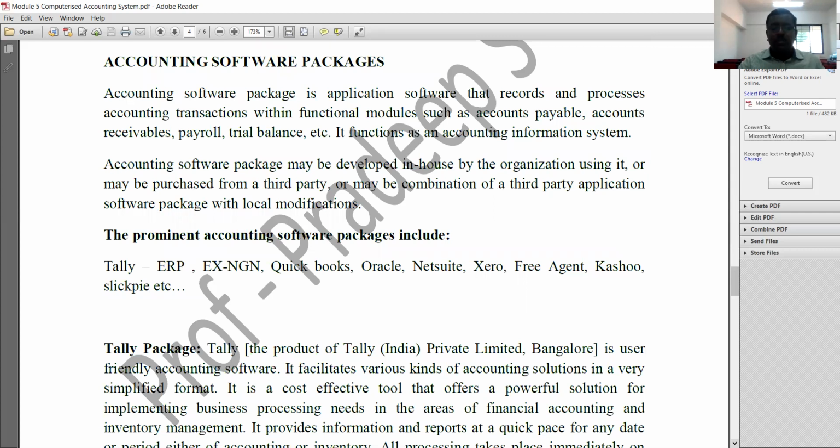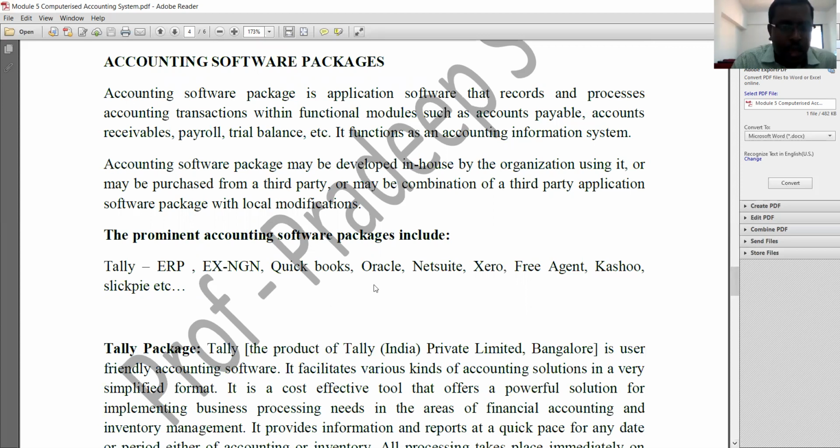First of all, what is the meaning of software? Software is nothing but a set of programs. Understood? So a set of instructions. So we are going to use certain prominent softwares in the field of accounting, in order to perform accounting practice.